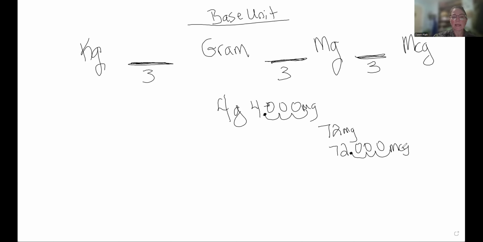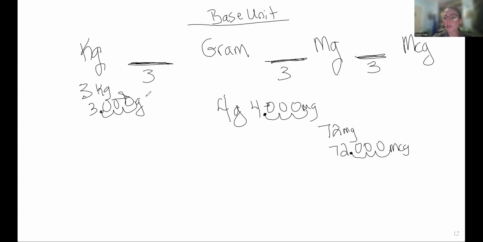Anytime that you're moving from left to right, even if I started off with 3 kilograms, I'm going to take the decimal point and move it to the right 3 times, 1, 2, 3, add my zeros, and I have 3,000 grams.